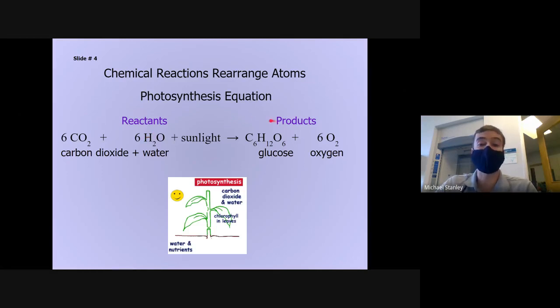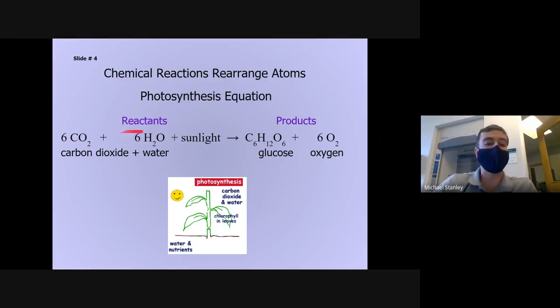And on the product side, we have C's, we have O's, and we have H's. So what I mean by when I say we can't add or destroy any atoms, only rearrange, is that we don't have any new or different atoms on the product side. Instead, we have rearranged them in a different way than they were before.